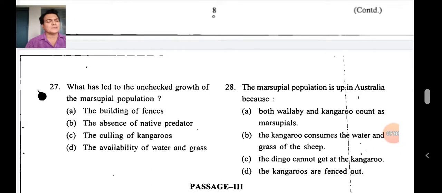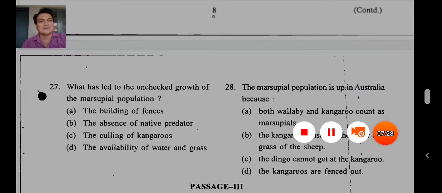So what is the answer for question number 28? Now here, the kangaroo population was under check mainly because of those dingoes. Now here, because of the fence, the dingoes cannot get at the kangaroo.